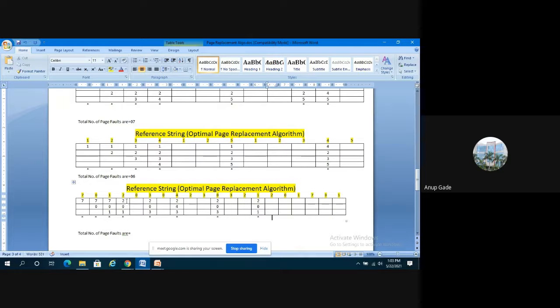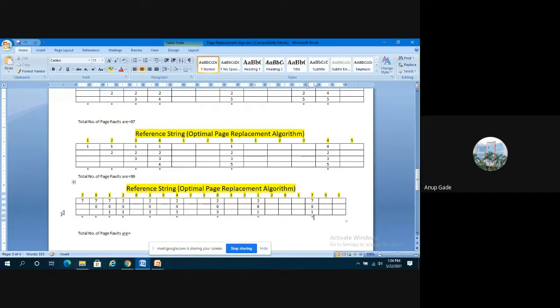Then 2 is already there, no page fault. 0 is already there, no page fault. 1 is also there, so no page fault. 7: now 0 and 1 will be required, so we'll replace 2 with 7. Page fault occurred.